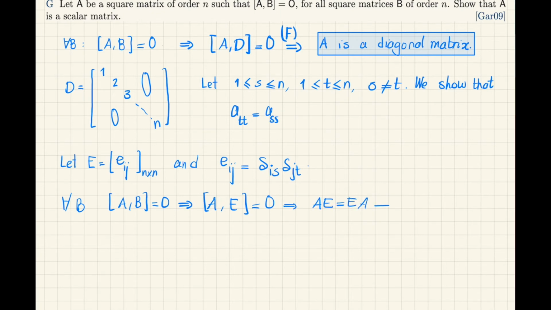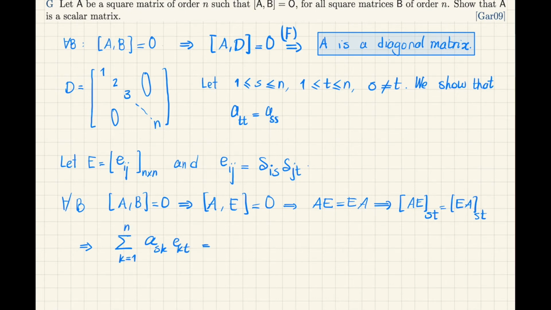And if these two matrices are the same, the entry of the matrix on the left in the sth row and tth column is equal to the corresponding entry of the matrix on the right. But now I can write the left hand side as a sum: the sum of little a sub sk e sub kt, where k goes from 1 to n.